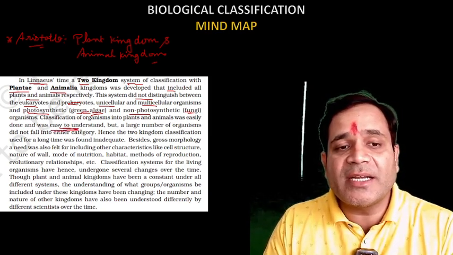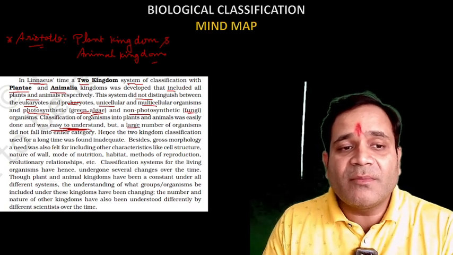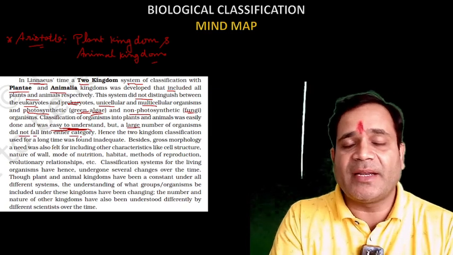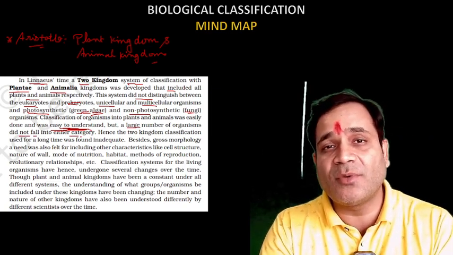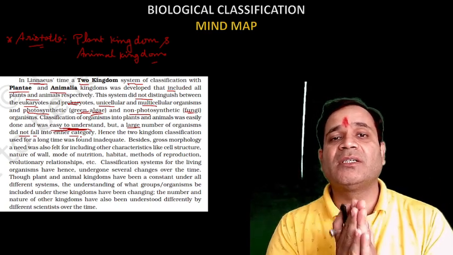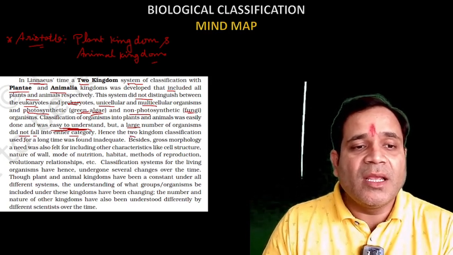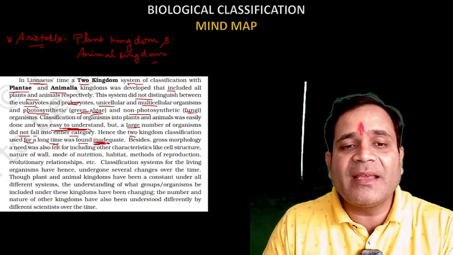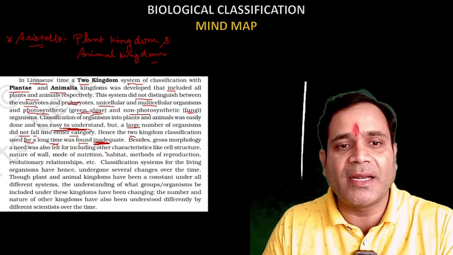See what the NCERT line is saying here: a large number of organisms did not fall into either category, because whenever we study bacteria, where do we put them? So this was not sufficient for classification, hence this two kingdom classification, used for a long time, was found inadequate. Inadequate, because it is not sufficient.